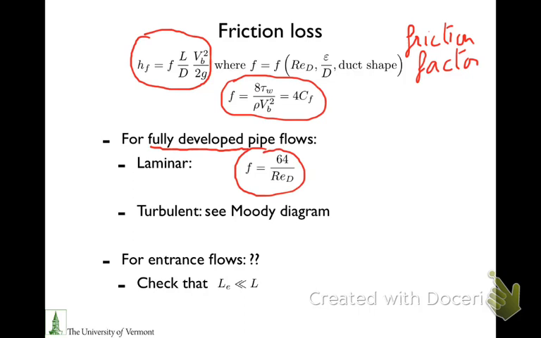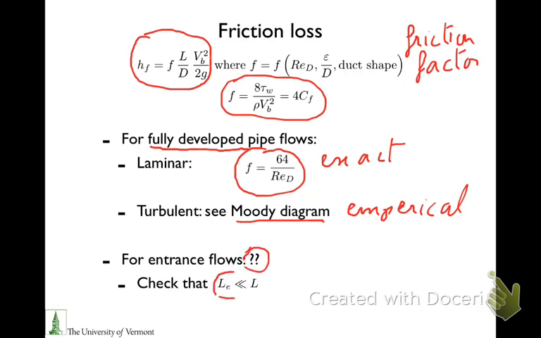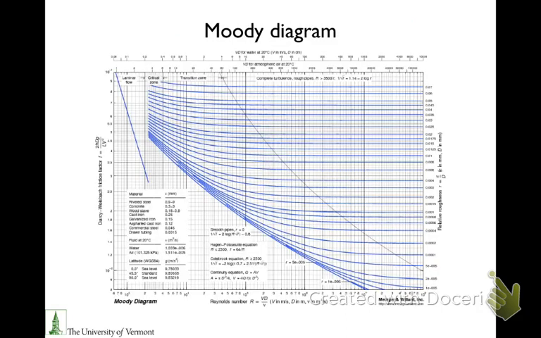For laminar, we have f equal 64 over Re_D, and this is exact. That's derived from the Poiseuille velocity profile. For turbulent, we have the Moody diagram, and that's an empirical correlation. For entrance flow, we don't know, and that's why you want to remember those correlations of the length of the entrance flow, to demonstrate that in most cases that region can be neglected.